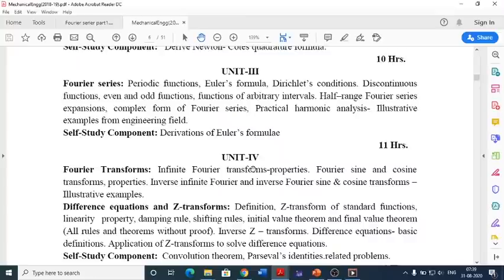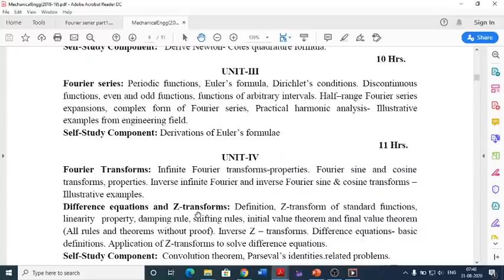Laplace transform is basically a function that transforms functions from one domain to another domain. The same thing is going to be done here under Z transforms, and both Laplace transform and Z transform come under Fourier transform.